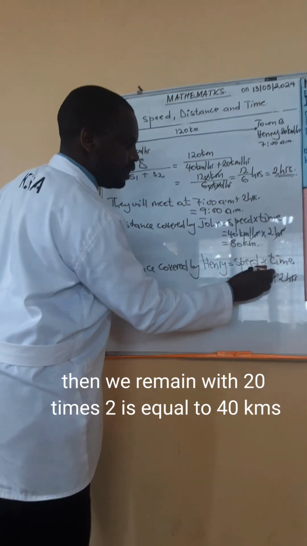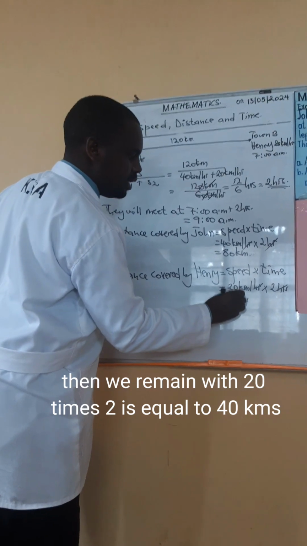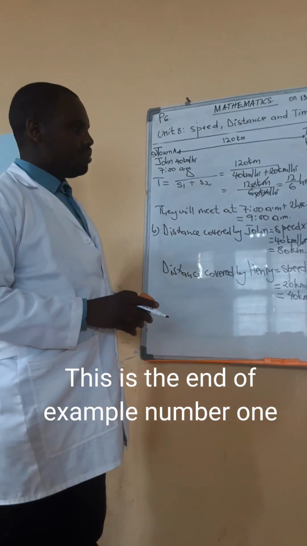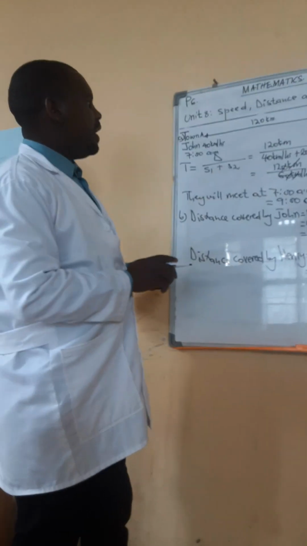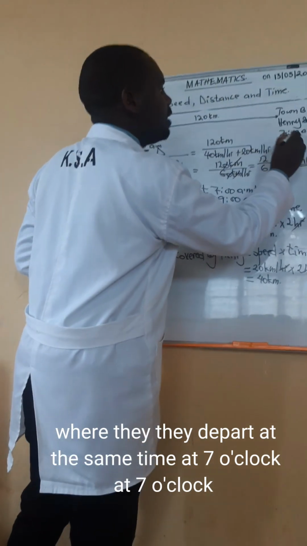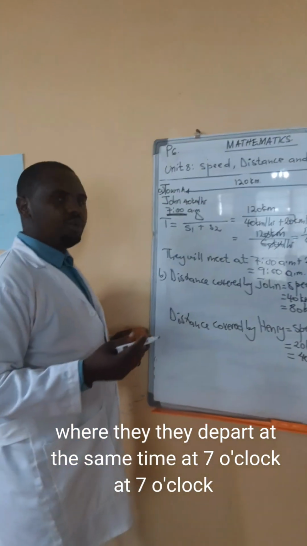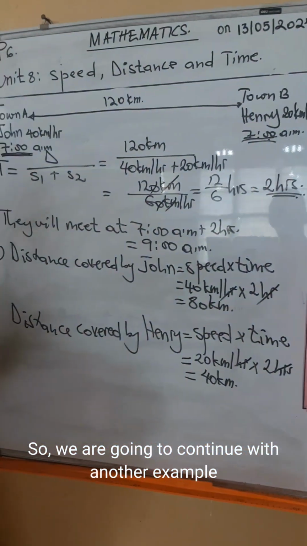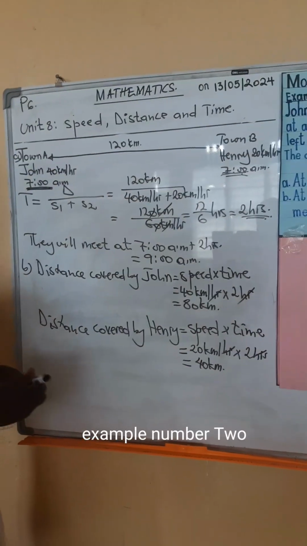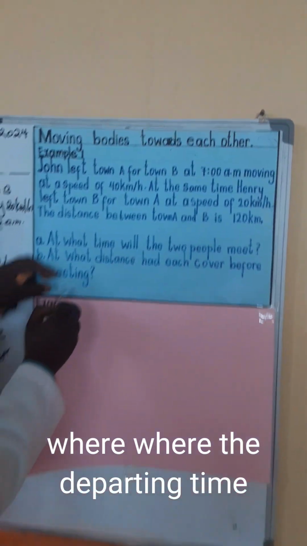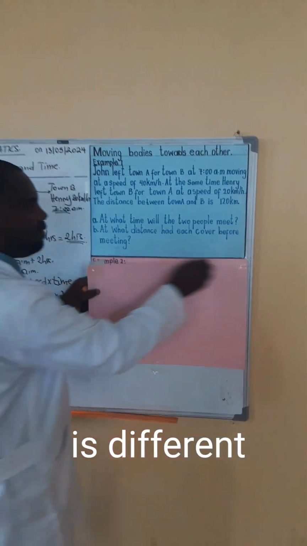Then we remain with 20 times 2 is equal to 40 kilometers. This is the end of example number 1, where they depart at the same time, at 7 o'clock. So we are going to continue with another example number 2, where the departing time is different.